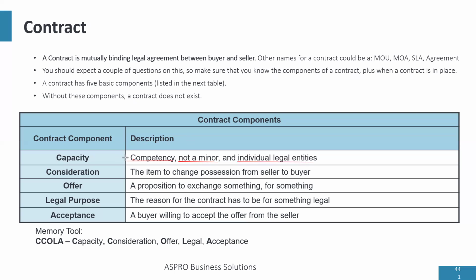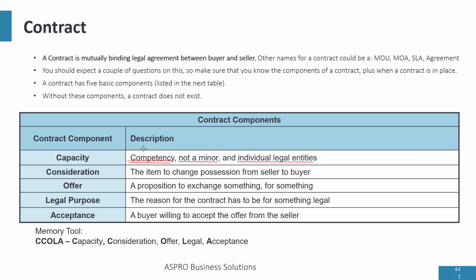Now, let me talk about competency. Competency means that the people entering the contract are competent upstairs to enter the contract. There are no loose screws upstairs.